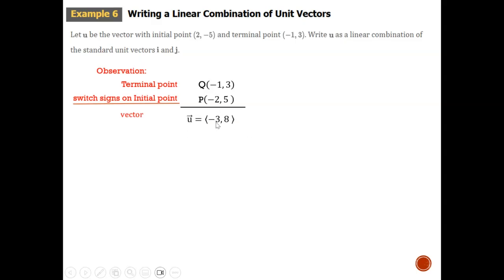Negative 1 minus 2 will give us negative 3, and 3 plus 5 will give us 8. So this is the vector in component form, correct? But they want it in linear combination form. So the negative 3 becomes negative 3i, and the positive 8 becomes plus 8j. So again, this is component form, and on the bottom is linear combination form.